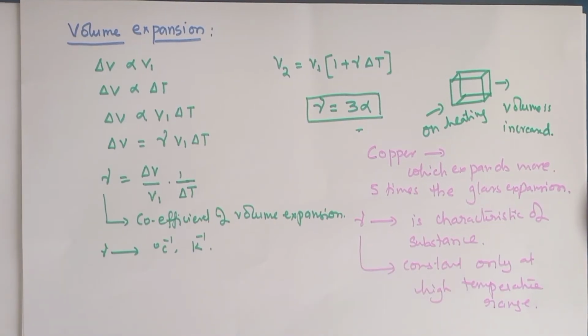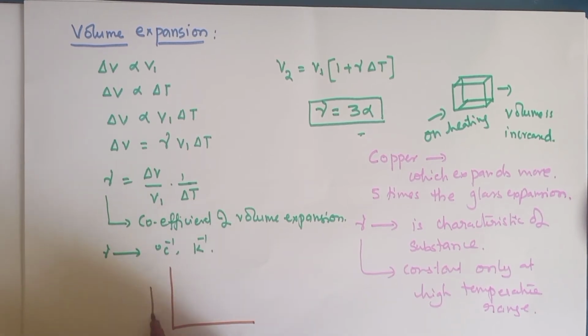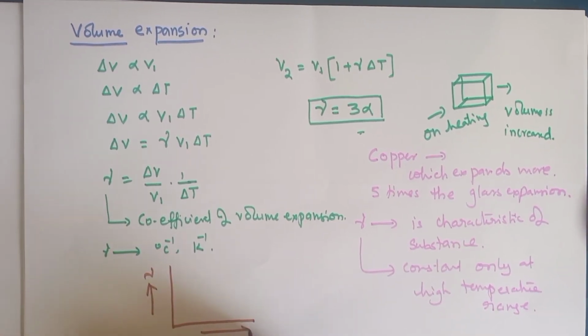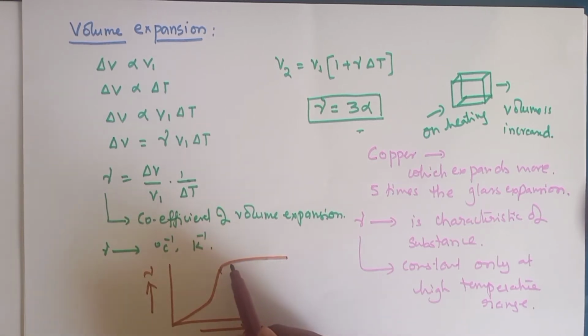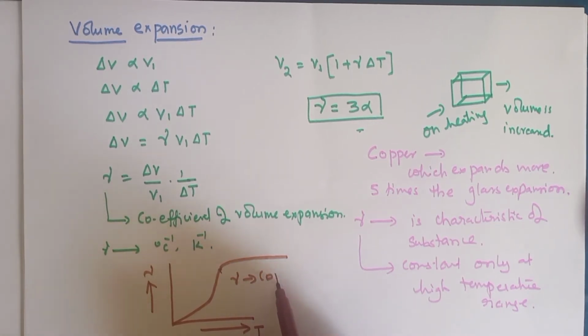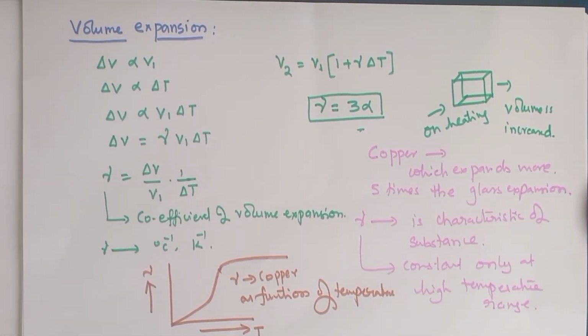You can see the simple graph: gamma is taken on the y-axis and temperature increases, and gamma slowly increases and almost stabilizes as a constant for copper as a function of temperature. So some solids can also be expanded in terms of volume.